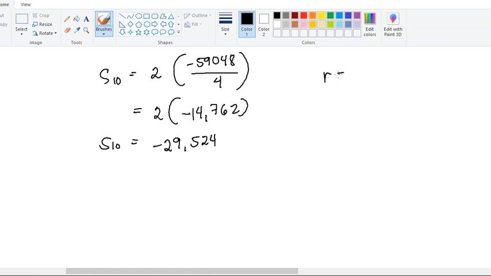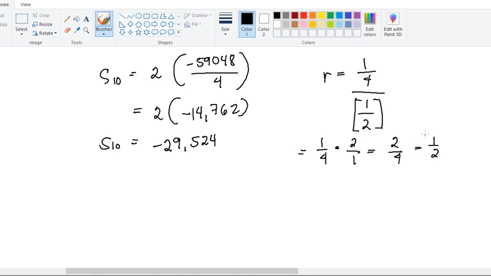So let us get the numerator, which is 1/4, change the operation to multiplication, and take the reciprocal of the denominator, which is 2 over 1. So we have 2 over 4. 1 times 2 is 2, and 4 times 1 is 4. Simplifying, our common ratio is 1/2.